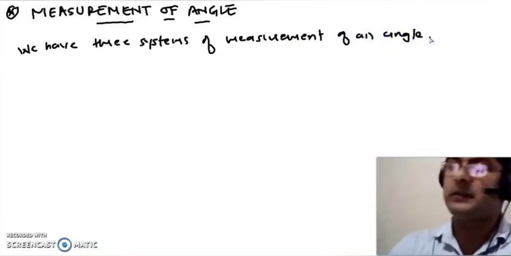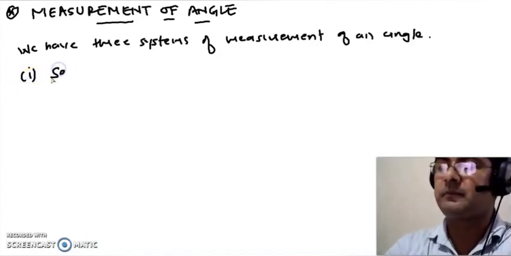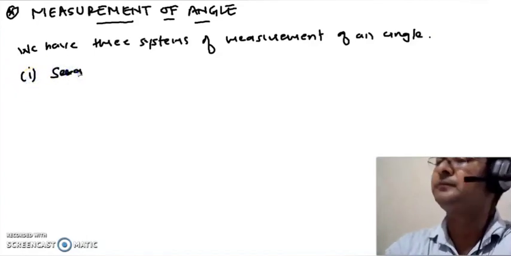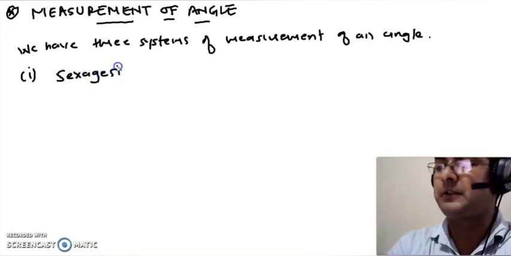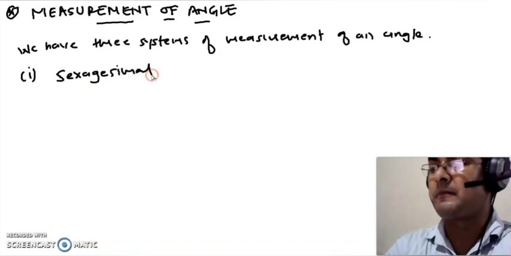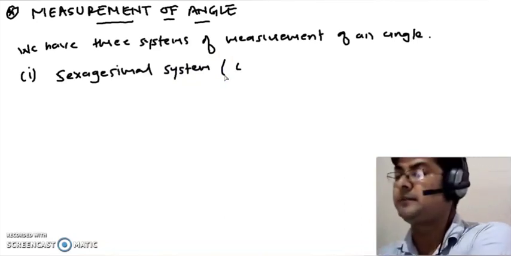These three systems are: number one, the sexagesimal system, which is also called the English system.